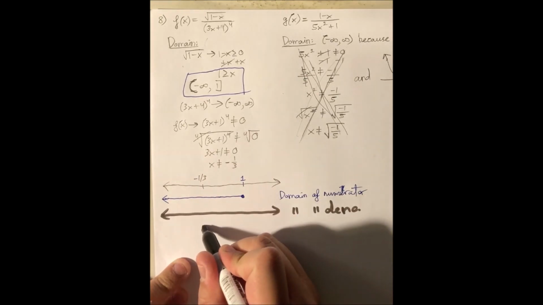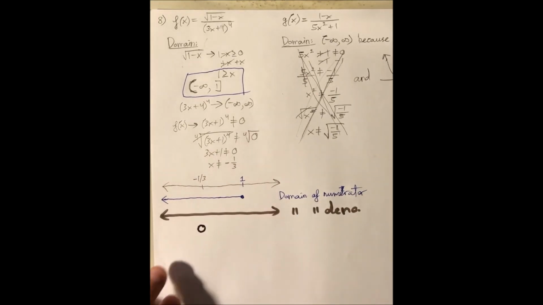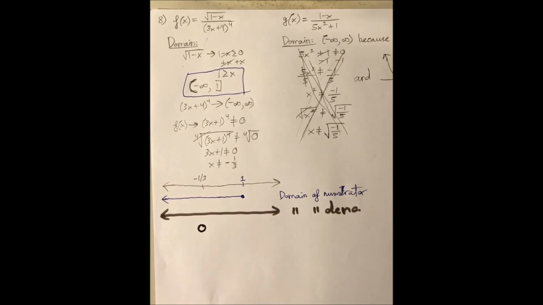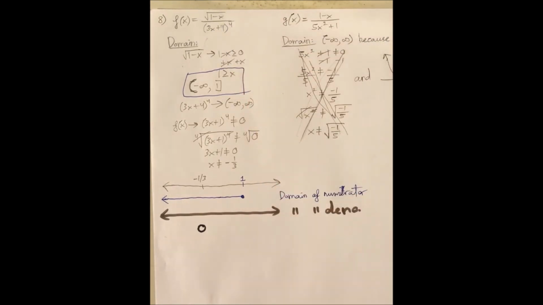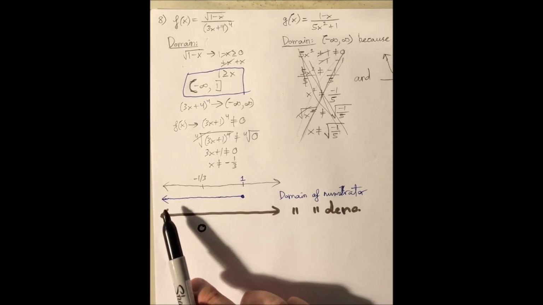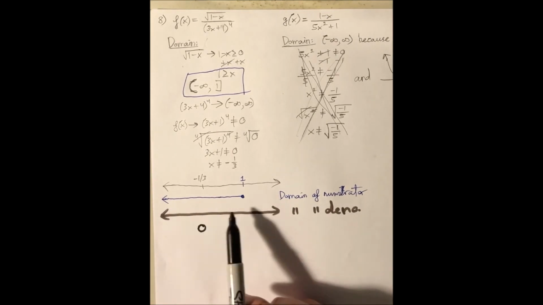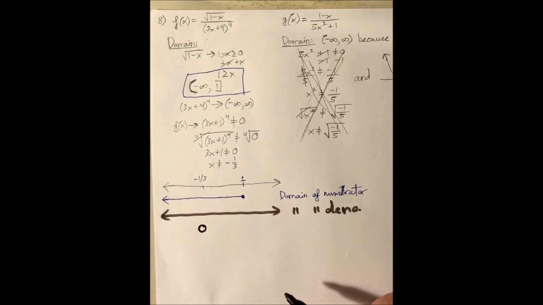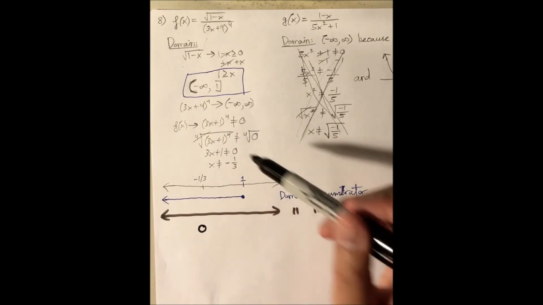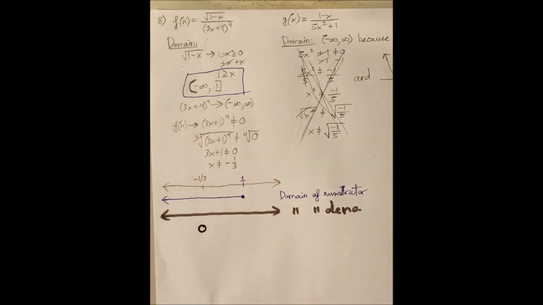I know that x cannot be equal to that because the entire function f is created out of two separate functions, the square root function and this polynomial function. The domain of the entire function f is again going to be all of the x values in common of both of these domains and all of the restrictions of both of these domains and the entire function f overall.